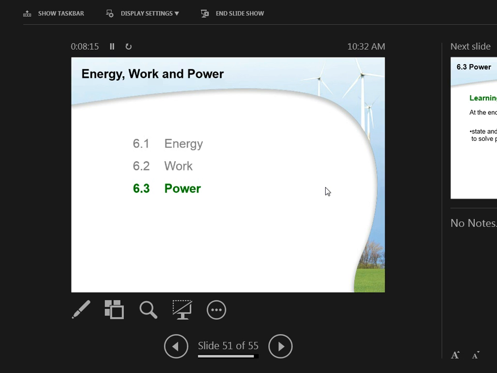We have one last part, which is power. Page 52, 53 for your homework. At the end of the lesson, I will give you more homework, because you have many days until your next lesson. Okay, so last part, it is on power.